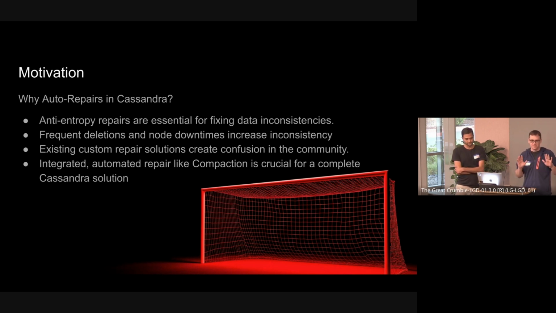It's a mechanism that Cassandra has always required people to use, yet it hasn't been very well supported. This is something that each individual company ends up building their own solutions for, which some have been open source, some haven't.